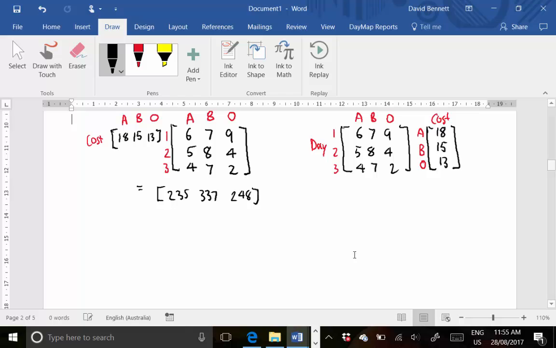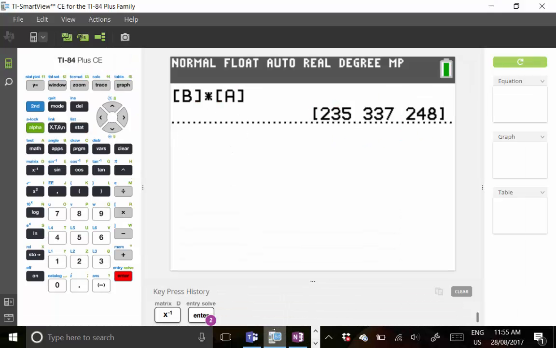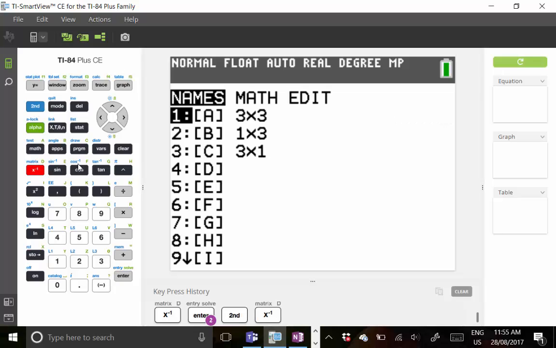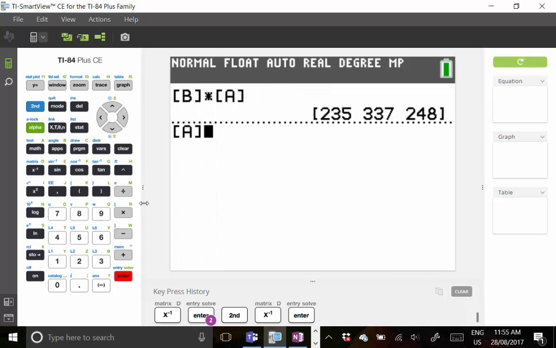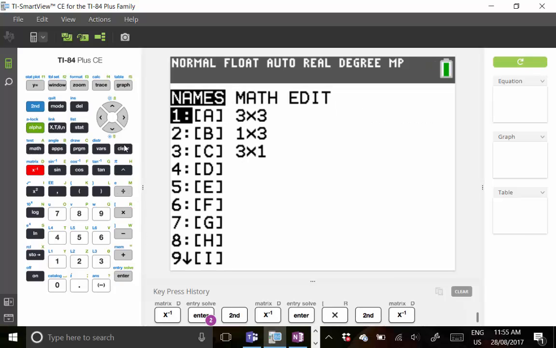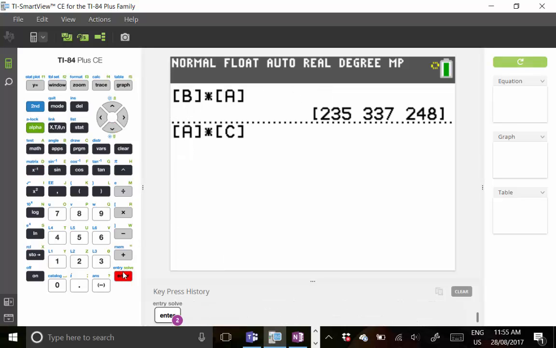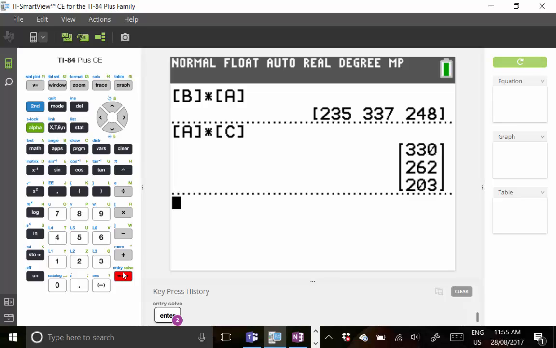Now we have to do the other multiplication, see how that turns out for us. The next one we had to do was matrix A times matrix C. You can just type in 3 as well, and that will do the same thing. So that's 330, 262, and 203.